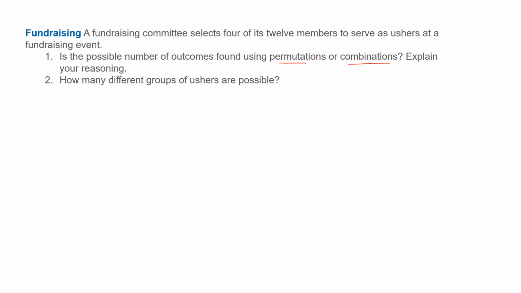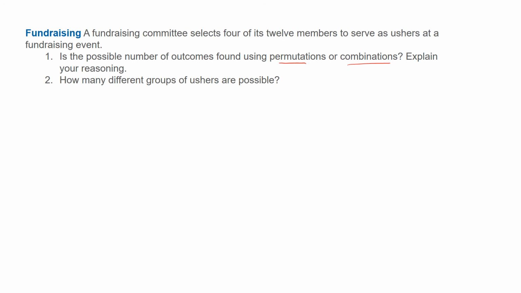Well, if I'm assigning one to be an MC, someone else to be a hostess for a table, someone else to be an usher, and someone else to perform, those are all different jobs. And when you assign jobs, the order you assign jobs matters. But these are not assigning everybody different jobs. I'm just going to find 4 ushers.